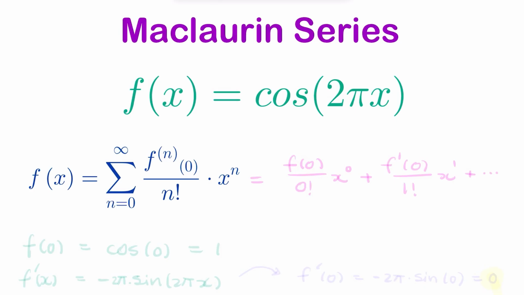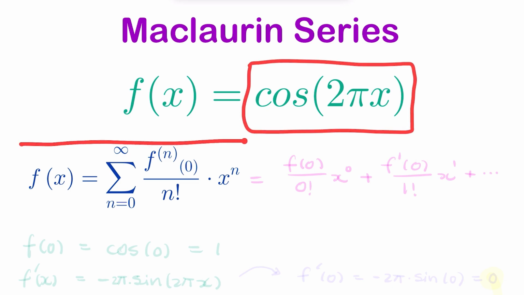To find the Maclaurin series of a cosine, we would apply the definition where we need successive derivatives of the cosine.